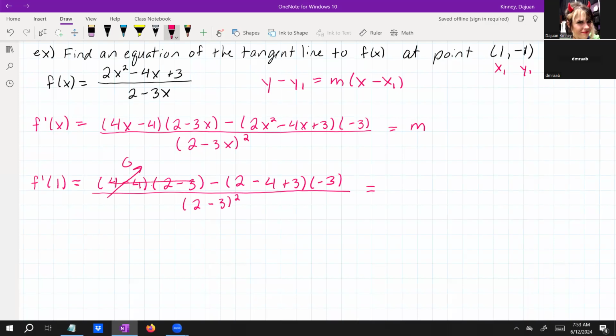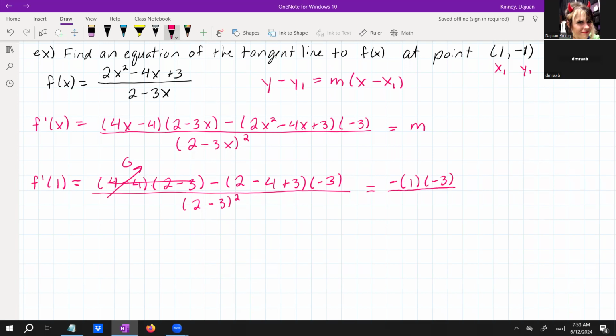This is 0, so it cancels the first one out. And I'm going to get 2 minus 4 is -2, plus 3 is 1. So I get -1, right? 5 minus 4 is +1. Oh, I see what I was trying to do. Too many things at once.